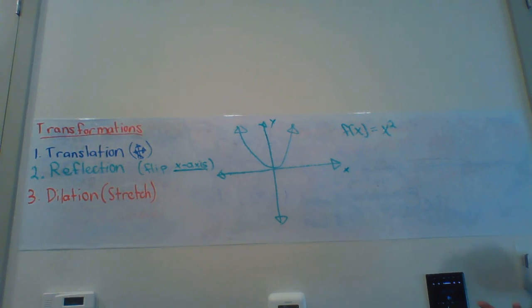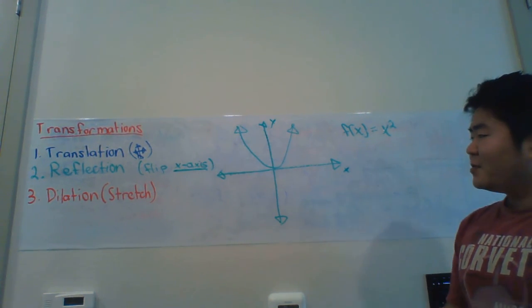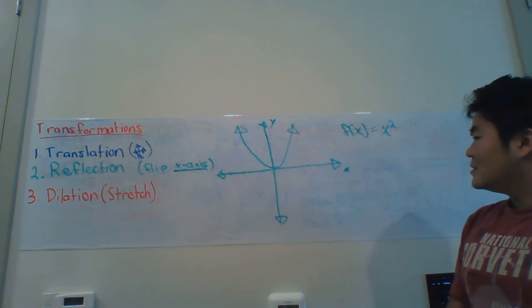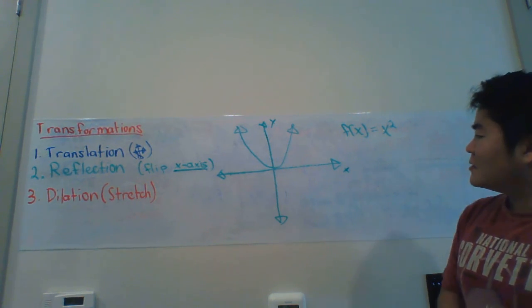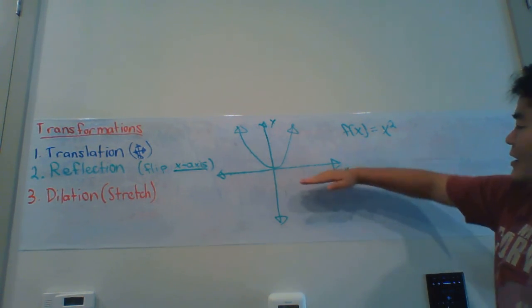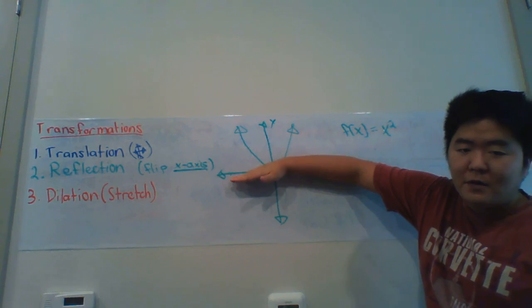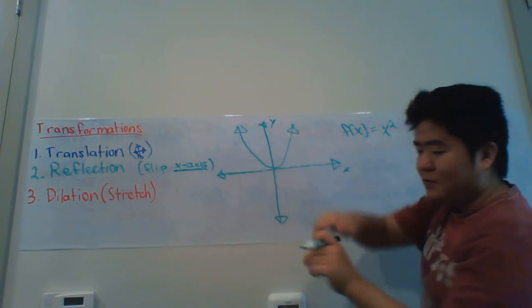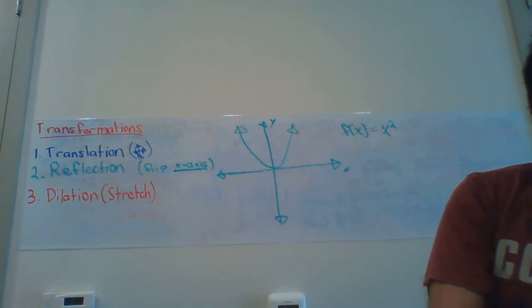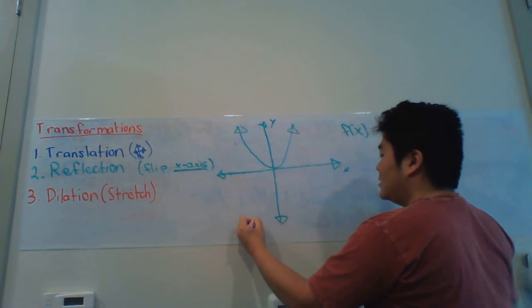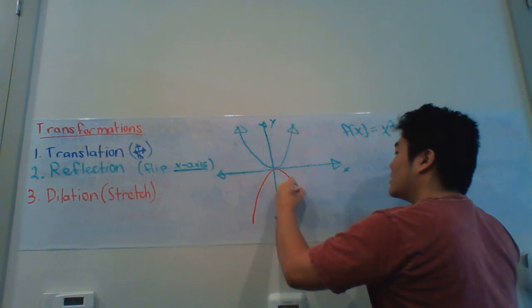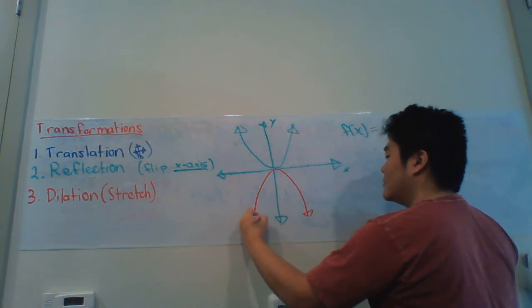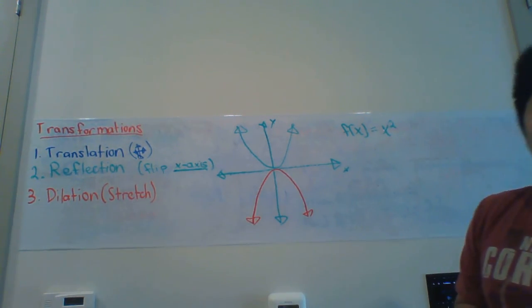Now, reflections. Well, it says flip over the x-axis. Well, what does that really mean? Well, this is the x-axis right here, this line right here. So I'm going to flip this all on its head. So what the reflection should look like is the same thing, just turned around 180 degrees.